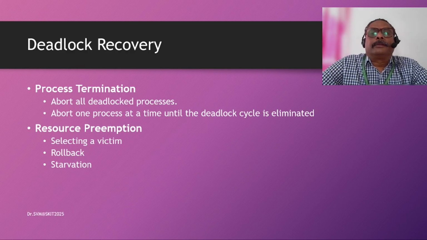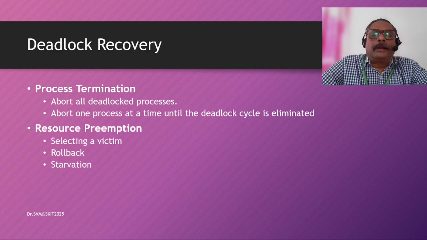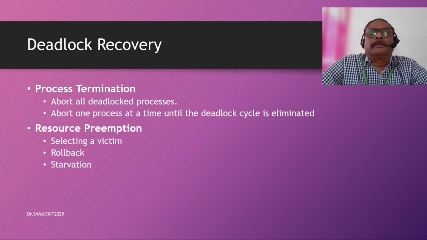Therefore, instead of worrying every time about what if deadlock happens, you can just relax and let the deadlock occur. It happens once in a blue moon, so whenever it happens, let's take care, let's detect that there is deadlock.